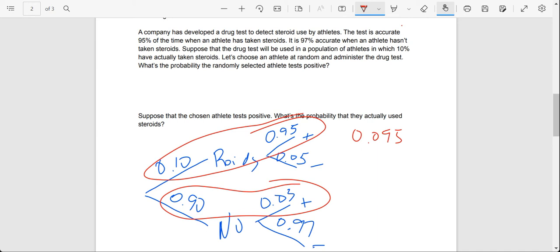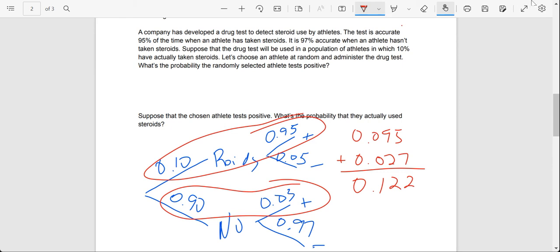And then the probability of these two things happening is going to be 0.027. Add those up, and you're going to get about 12.2% as your answer to the first part, the probability a randomly selected athlete tests positive.